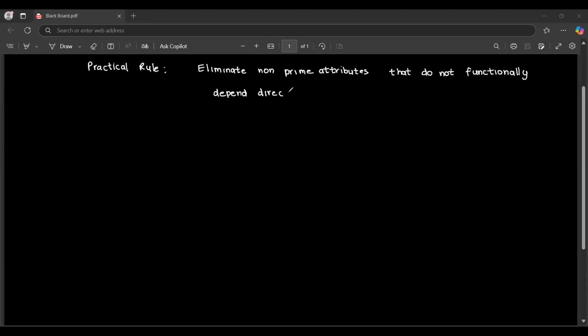Directly is the keyword here. This is the practical rule we are going to apply.